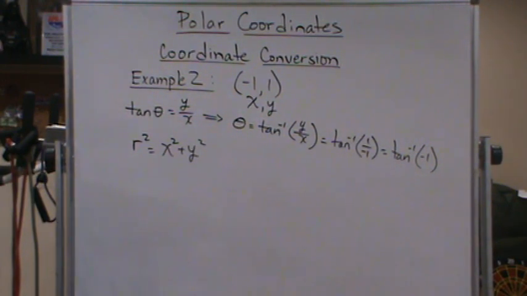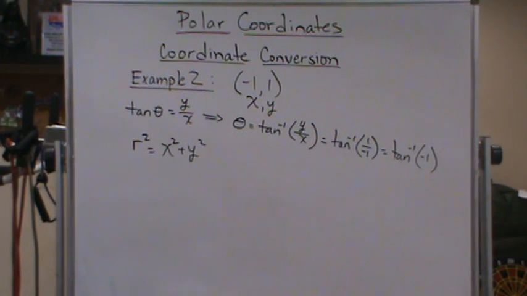We've got to be careful, because in this case, what angle are we going to get for negative 1? Tangent is negative in either the second or fourth quadrant.